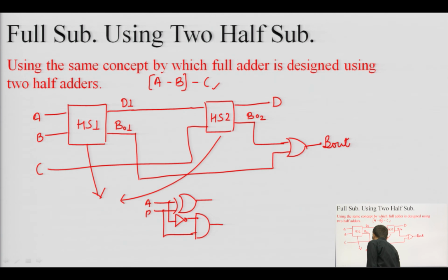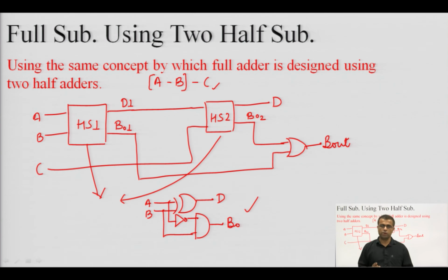So, this is the actual circuit of the half subtractor. If both these structures are replaced by this actual circuit, we get the final circuit of the 2 half subtractor based full subtractor.